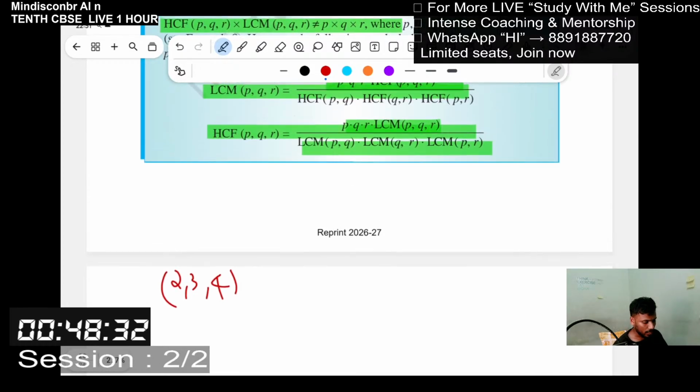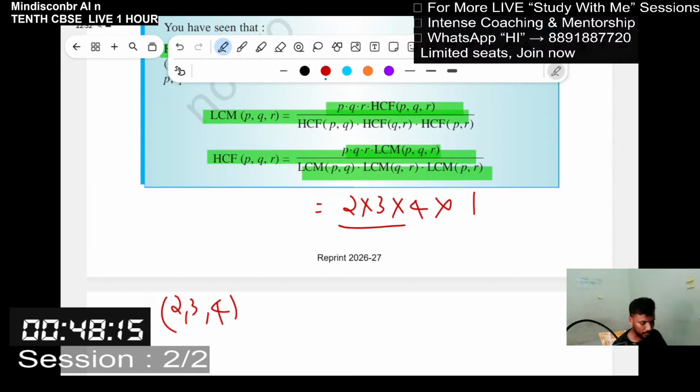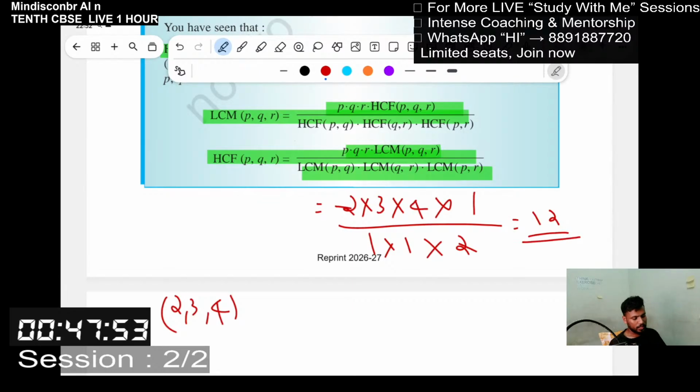For this, LCM of PQR is equal to 2 into 3 into 4 into HCF of 2, 3, 4, which is 1 because they do not have common prime factors, divided by HCF of P and Q, which is 1, HCF of Q and R, which is 1, and into HCF of P and R. HCF of P and R is 2. So you will get 3 into 4, 12, as LCM.